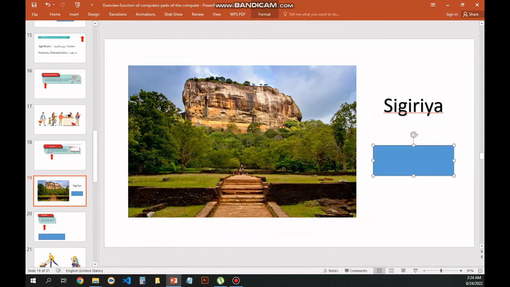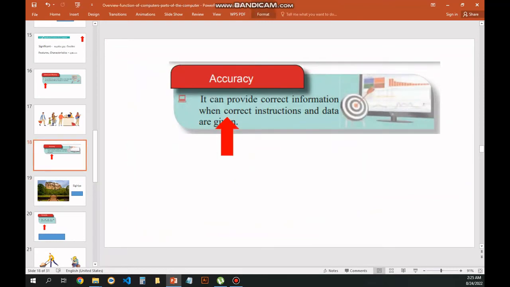The problem was done by the data entry operator, the person who entered the data. See, so when it comes to computers, accuracy is 100%. Every time it's giving us 100% correct data. The only problem is sometimes we are the people who give the instructions and data to the computer, so humans can make mistakes.